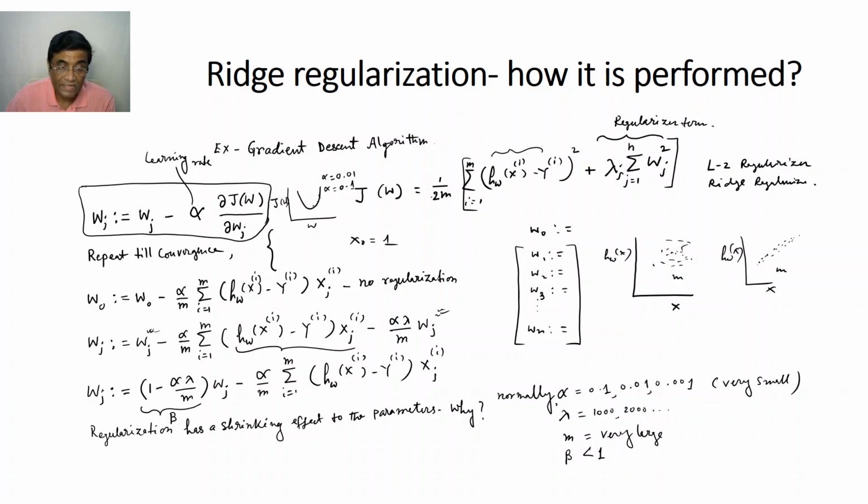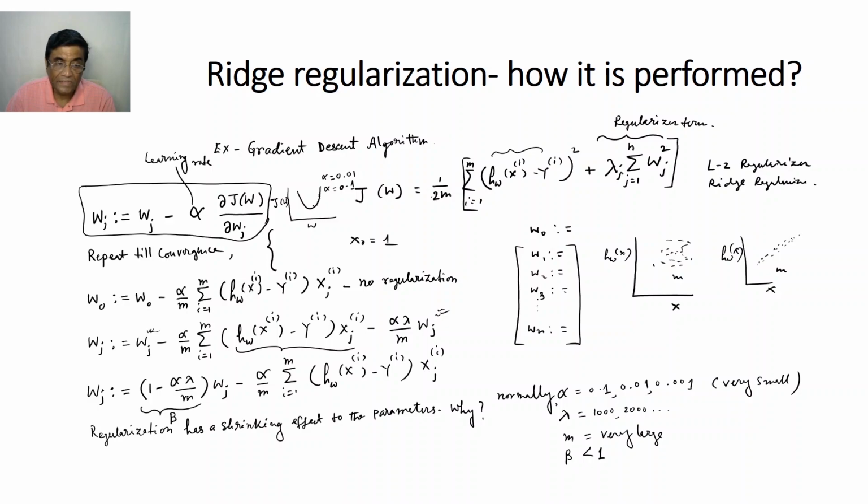If the sample size is large, very small shrinking will be there repeatedly, and Wj may stabilize and shrinking may not be that much. It means if m is large, then you will get a larger number of parameters, so more features will be relevant.